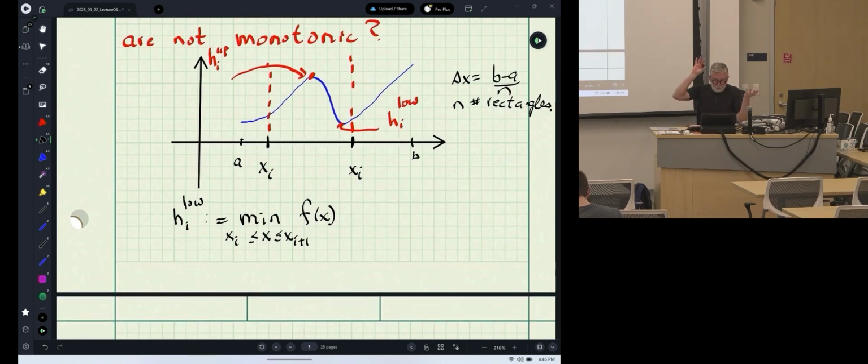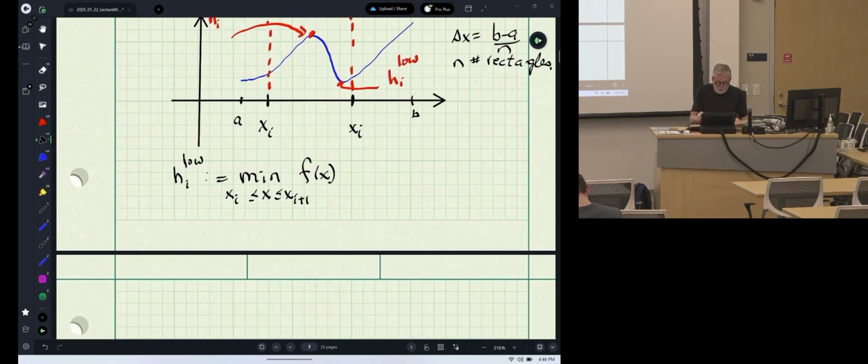We'll talk about how you actually compute those and whether they exist. But for now, you can see in my picture, we want hi up to be the maximum that the function takes on for x between x sub i and x sub i plus 1.